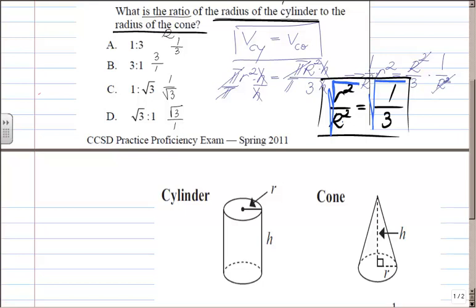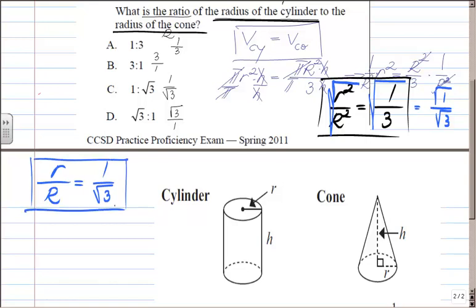And we have what? What is the square root of r squared over capital R squared? Well, that's lowercase r over capital R, which equals what? The square root of 1 over 3 is actually square root of 1 over square root of 3, and the square root of 1 is 1, so 1 over square root 3.